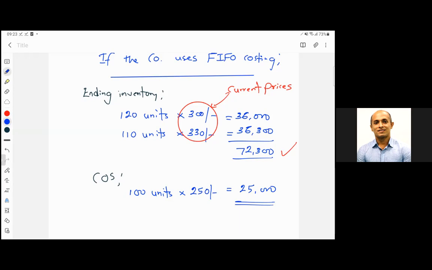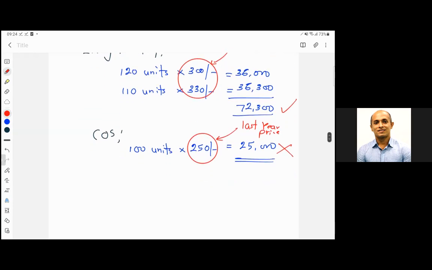Now this 250 is the last year price. Therefore, this cost of sales value is not suitable for our analysis. So you need an adjustment for this cost of sales.